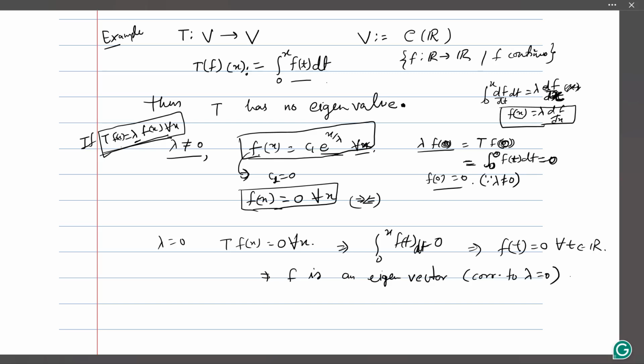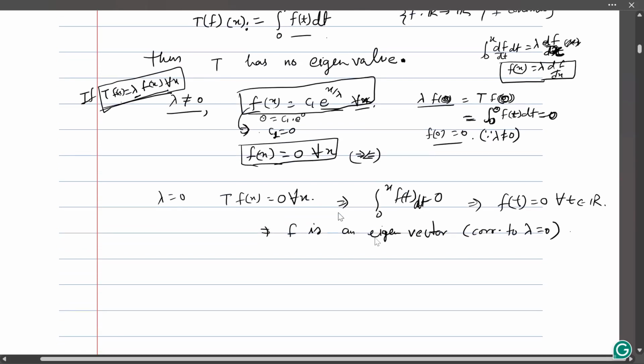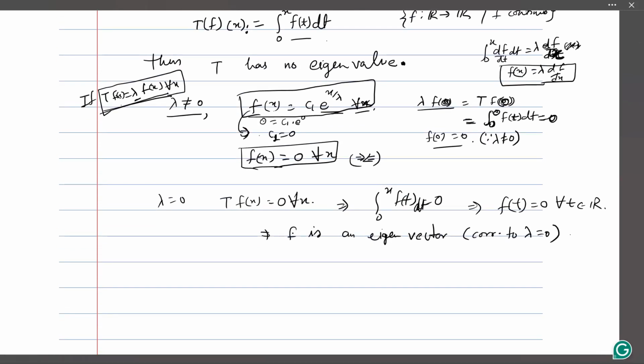Now put f(0) equal to 0. This side you have 0, and this side you have c1 into e power 0, which is just 1. This implies c1 itself is 0, so f is completely 0. This is a contradiction because f should be a non-zero vector if it is an eigenvector.